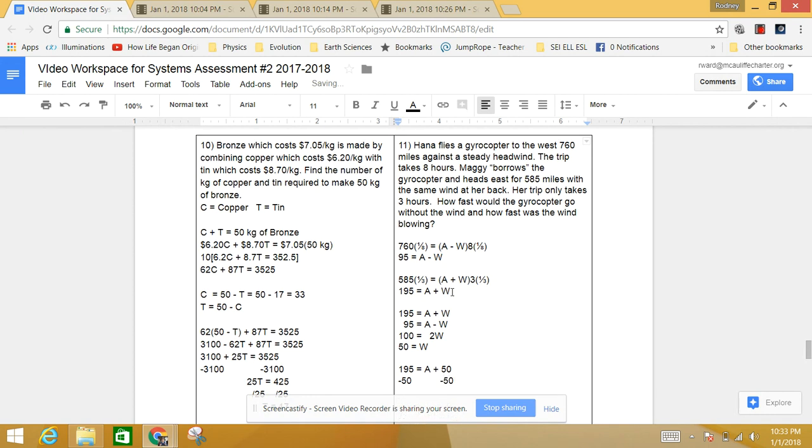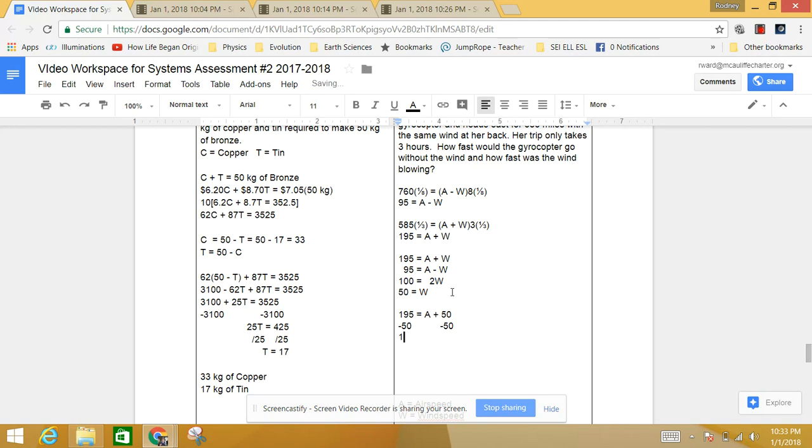And 195 minus 50 is 145. And that equals my airspeed. So my airspeed is going to be 145 mph. And my wind speed that I am fighting is equal to 50 miles per hour. And I have my solution.